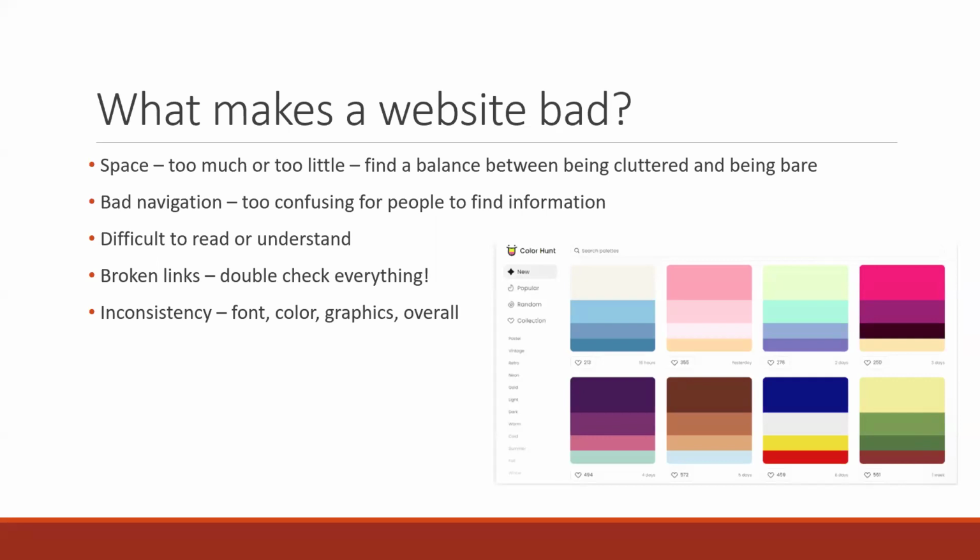Lastly, which I think is something that a lot of people have trouble with, is inconsistency. That can be inconsistency in fonts, in colors, in graphics, or just overall inconsistency throughout the website. One way to combat that is, over here on the right of the slide, I have what's called Color Hunt. That is a website that you can go to choose color palettes.